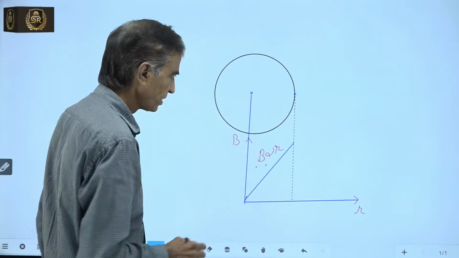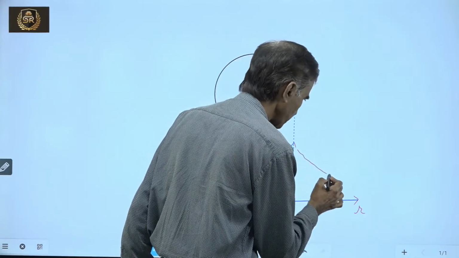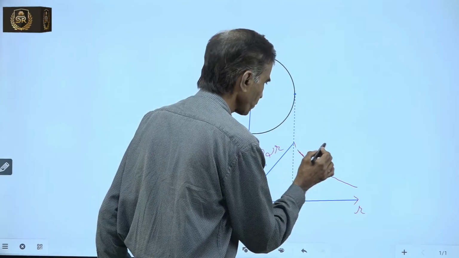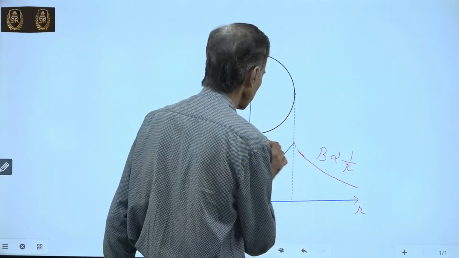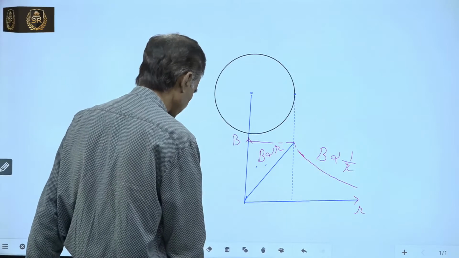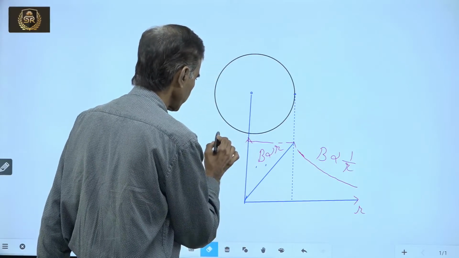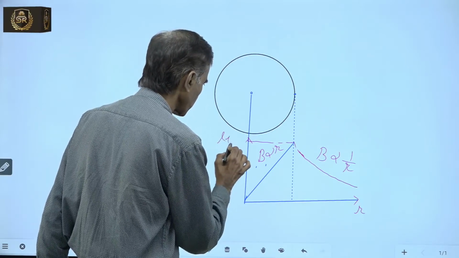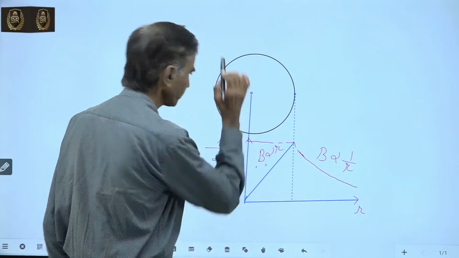Then outside, B is inversely proportional to r. So outside it will be like this. B proportional to 1 by r. And this value is maximum at the surface, and that maximum value is equal to how much? Mu naught I upon 2 pi capital R.